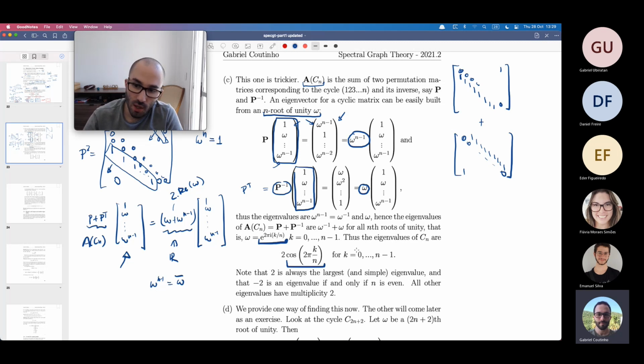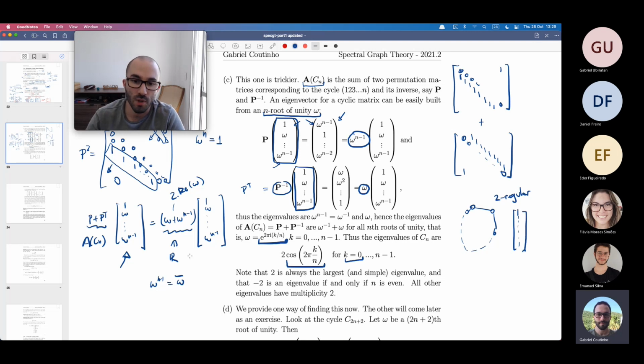And this is basically saying that when k is equal to 0, this thing here is equal to 0, the cosine is equal to 1, and therefore 2 is always the largest and simple eigenvalue of the cycle, as you would expect. The cycle Cn is a 2 regular graph. The all ones vector 1, 1, 1, 1, 1 is an eigenvector.